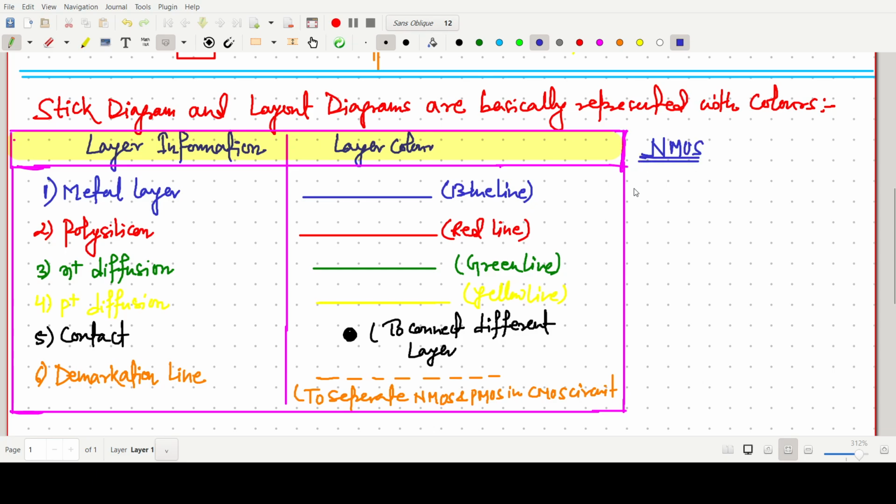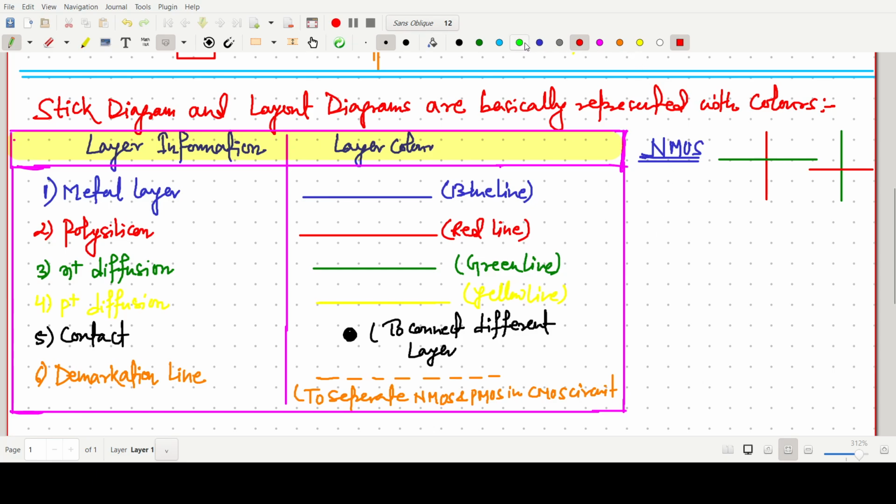Suppose we have to make an NMOS. We make a polysilicon line and one green line. It may be like this also, red and green, both as a pair. This green color is N plus diffusion, and the red one is our polysilicon.